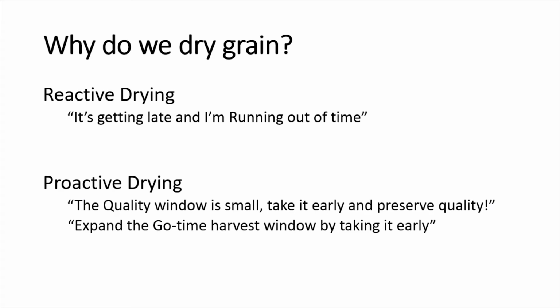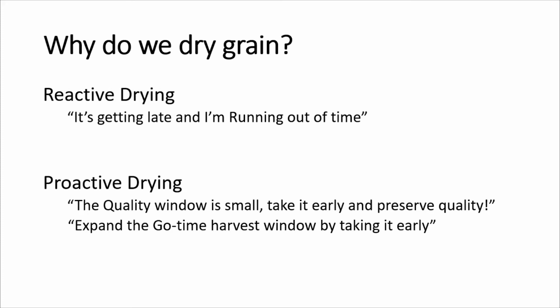A second, I guess, slogan would be expand the go time harvest window by taking it early. By relying on a reactive drying strategy, you're almost always drying in October, November, and this really is the highest cost time to dry your grain. So by doing the proactive drying, you end up drying in August, September, and as hard as it is to go and take grain when it's slightly tough, it makes a whole lot of sense if you have a low-cost on-farm drying system.